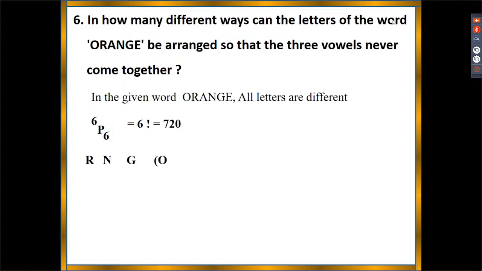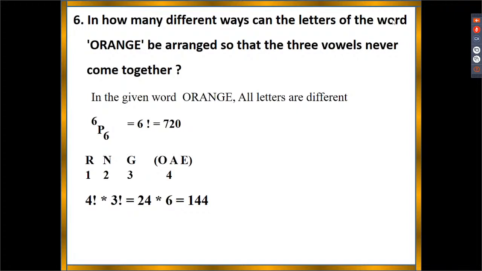So R, N, G, O, A, E. R is the first letter, then second, third, and fourth. 4 factorial into 3 factorial because there are 3 vowels. 24 into 6, 144. Out of 720, 144 are the words where vowels always come together.